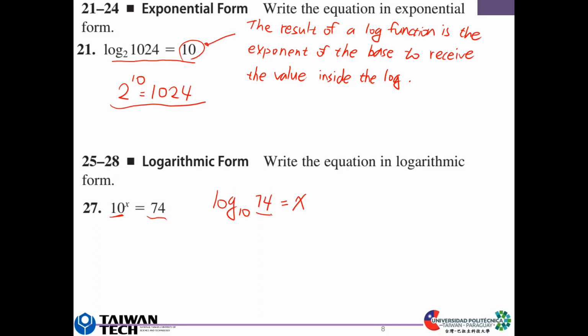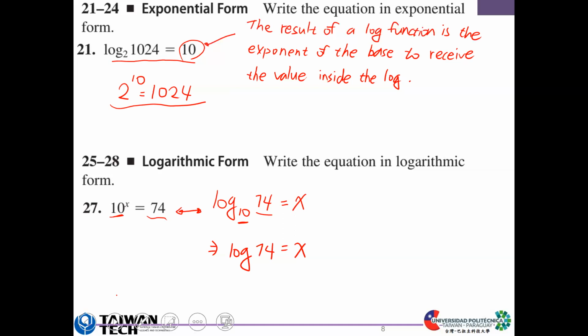So if you write 10 to the power of x equals 74, it is equivalent to log 74 equals x. And if the base is 10, sometimes we ignore it, so we have log 74 equals x. If it is ignored, then you know you should put 10 as the base value. Okay, any questions?